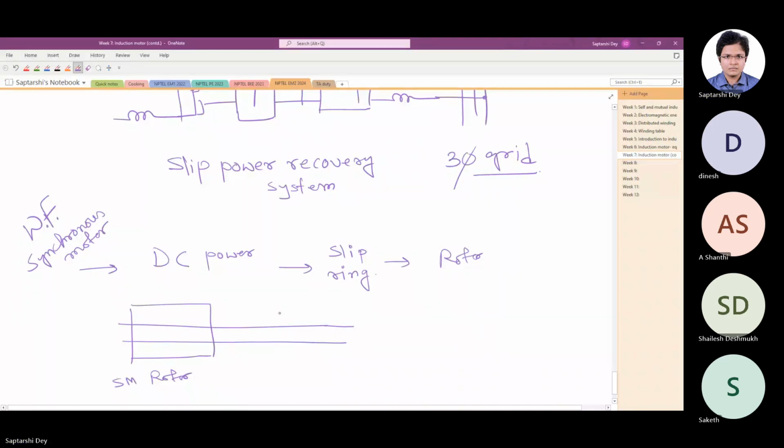And here on the same shaft, the rotor of one induction motor is there. It's a wound rotor induction motor, so it has 3 windings. Now the shaft is hollow.